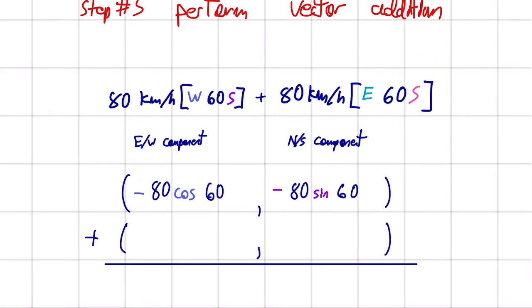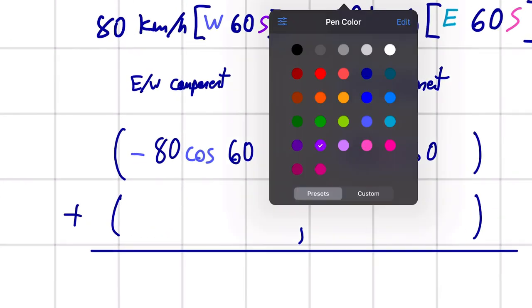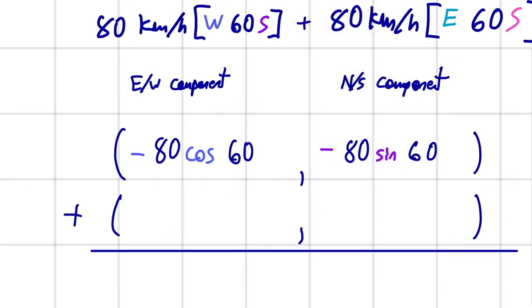All right, and now let's do the second vector. Because we're going in the east direction, east is positive, and the magnitude of the vector is 80, times the cosine, because we're in the east or west component, times 60.